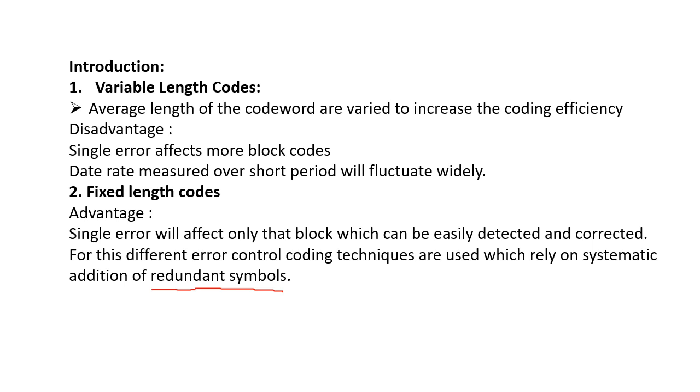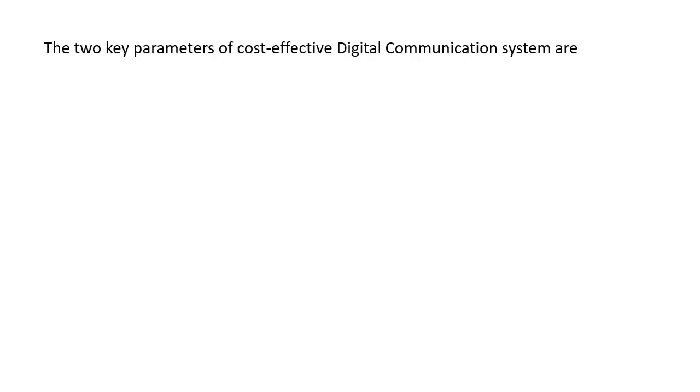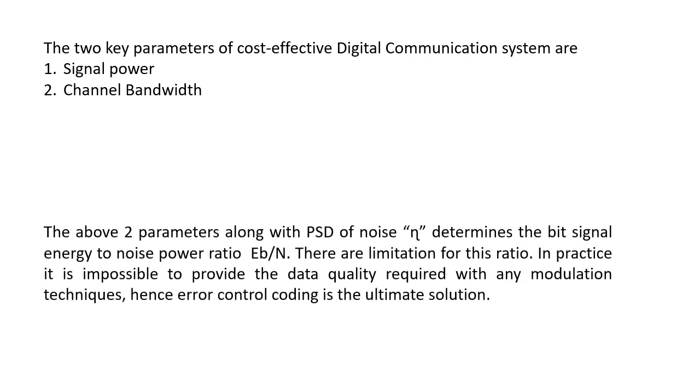So in error control coding, we add redundant bits in order to detect and correct the symbol errors. The two key parameters of cost-effective digital communication systems are the signal power and the channel bandwidth.